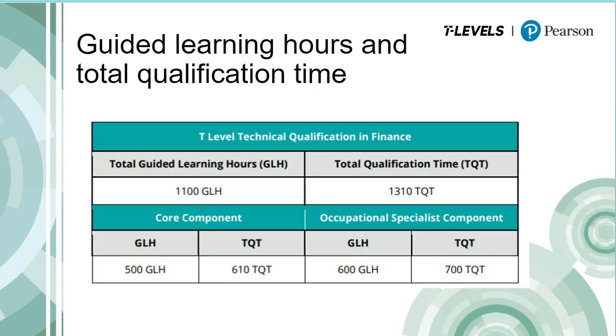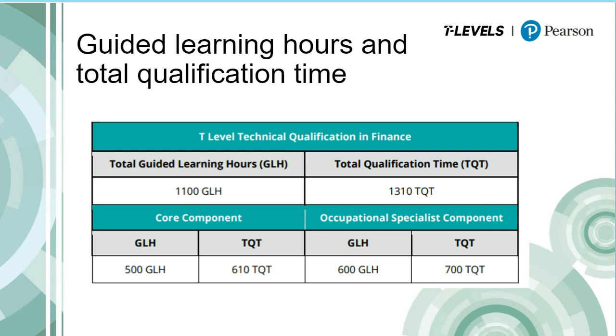Okay, so just some information then about guided learning hours and total qualification time. The technical qualification specification is divided into the core component and the occupational specialist component. The TQT, the total qualification time, and the GLH, the guided learning hours, for this qualification and the two components are shown on the slide.